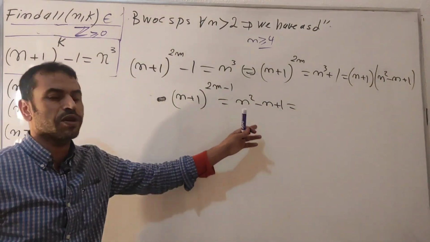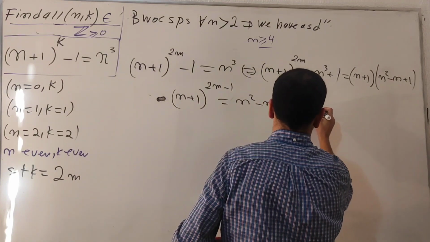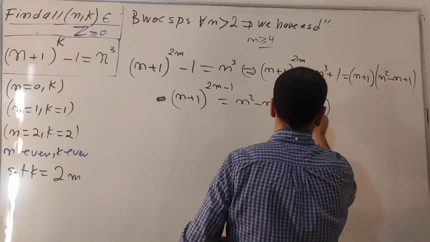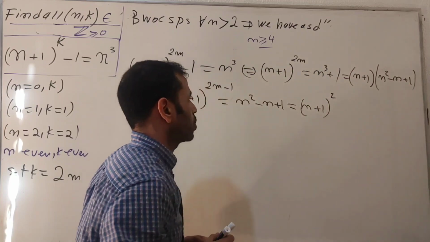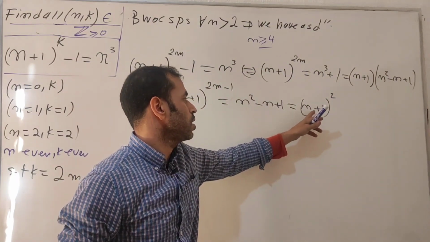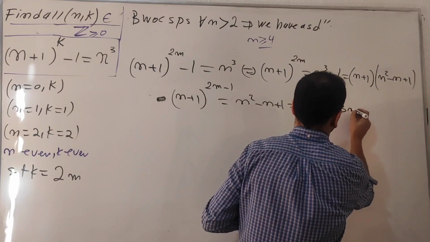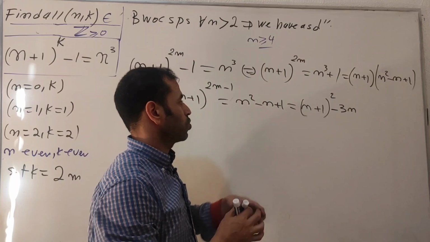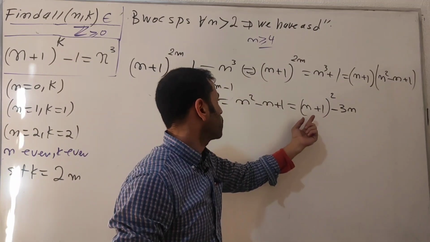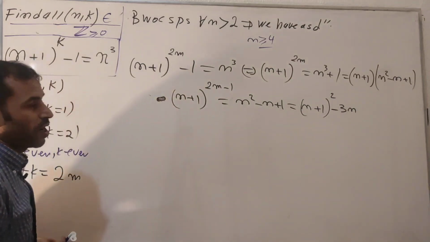Let's transfer this one into a perfect square. So I get here (n+1) squared. So I'm going to recover that n^2 plus 2n, but I have minus n here, so we need to subtract 3n in order to fix this one. So I'm simply going to move this (n+1) squared to the left and factor it out.